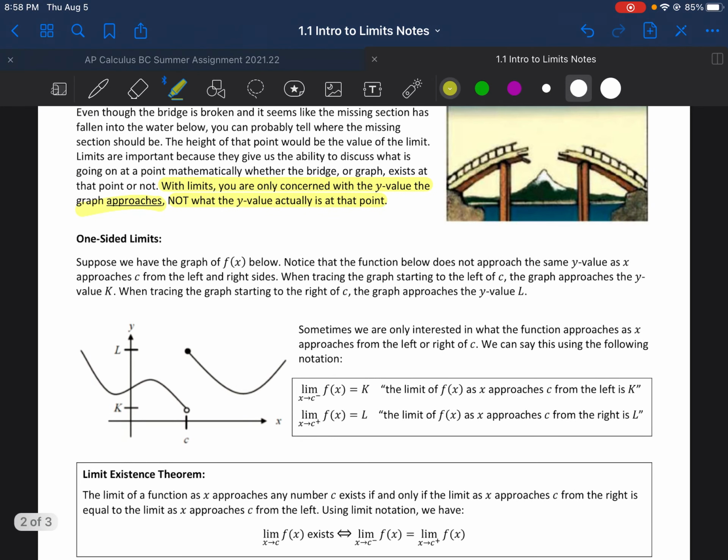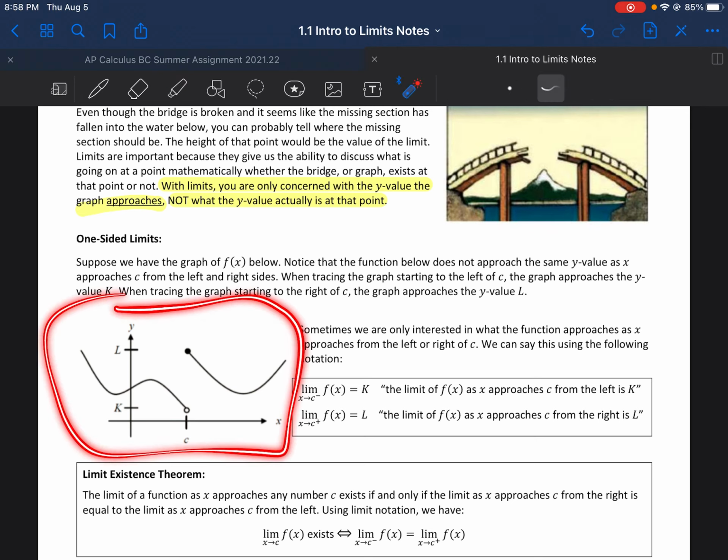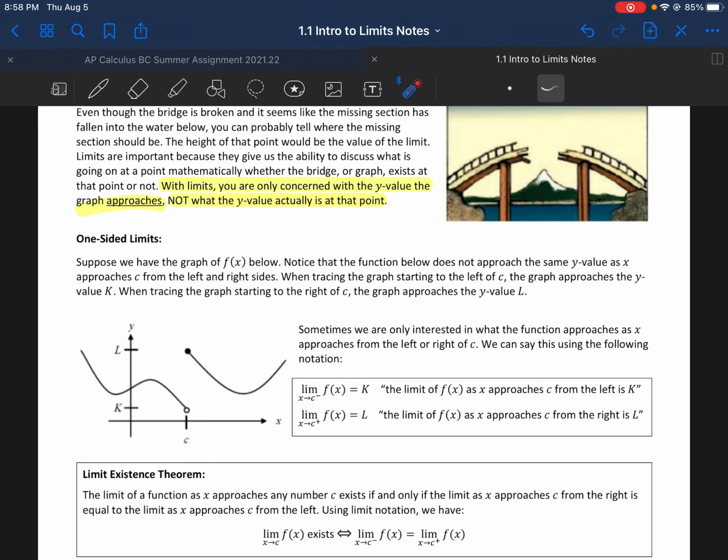So that brings into discussion the concept of one-sided limits. So take, for example, this graph right here. And suppose we have the graph below. Notice that the function below does not approach the same y value as x approaches c from the left and the right sides. So here's c on my x-axis.